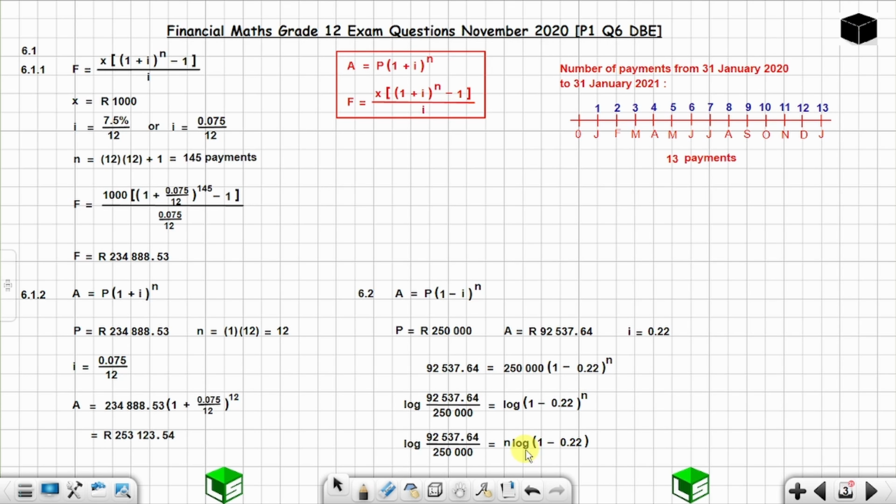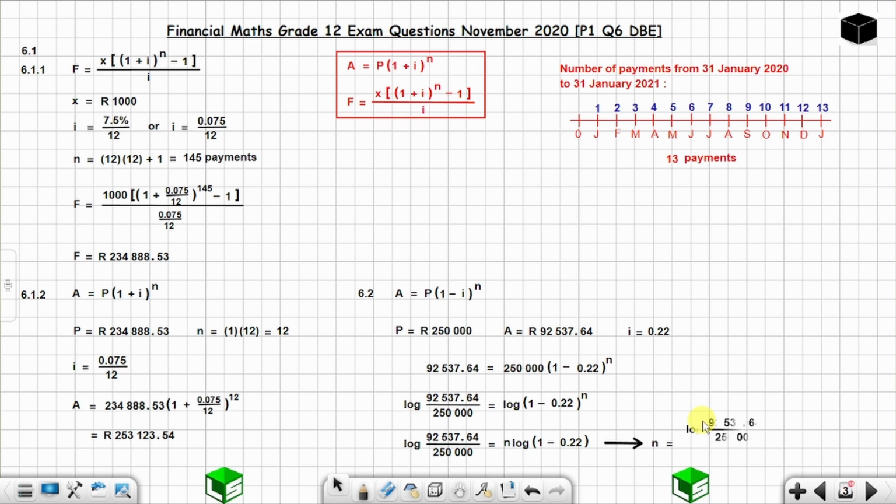So when you divide this by log of this, you're going to have n is equal to this divided by this. You are dividing on both sides by this.